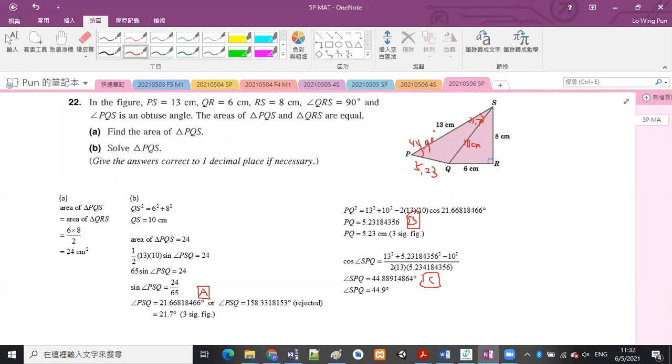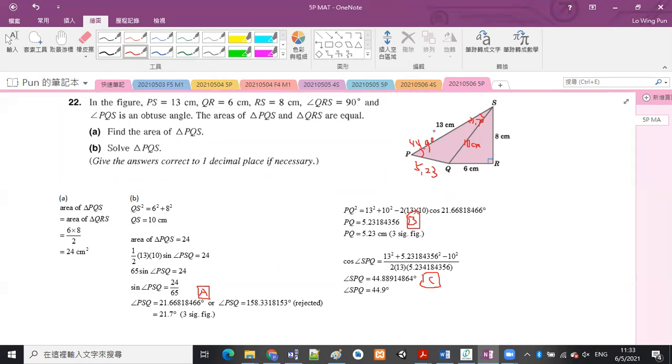Okay, how can we find the last angle? Yes, the angle sum of a triangle. So the last angle is angle PQS. We have found the first angle, we have found the second angle, and we need to use the angle sum of a triangle to calculate the third angle.